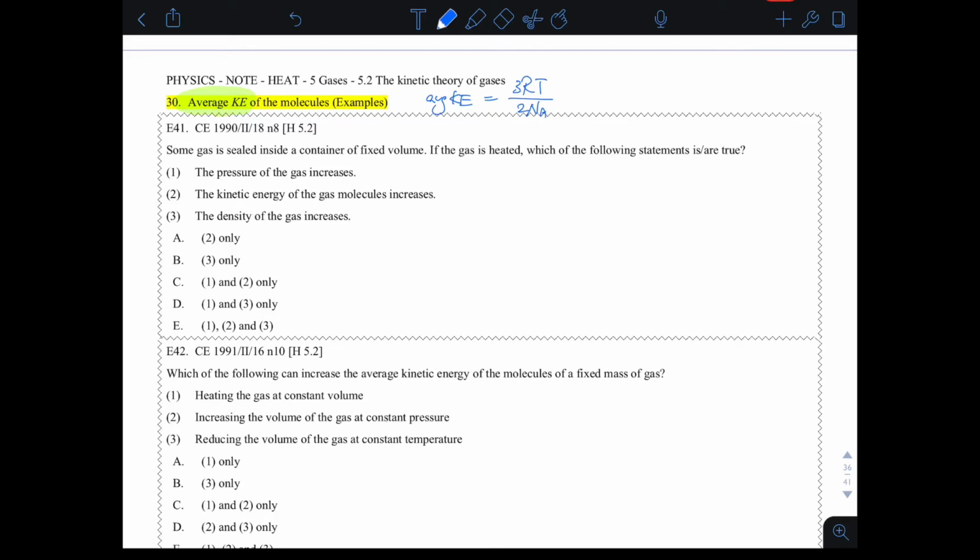Okay, and then let's look at the example here. Some gas is sealed, that means the number of moles is the same, with fixed volume. Now it's heated, the temperature increases. Which statements are true?